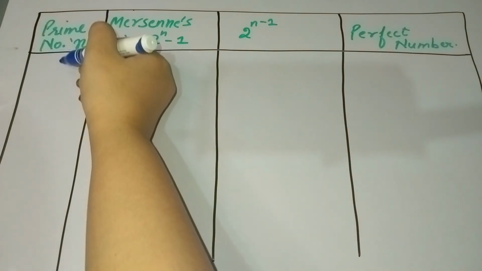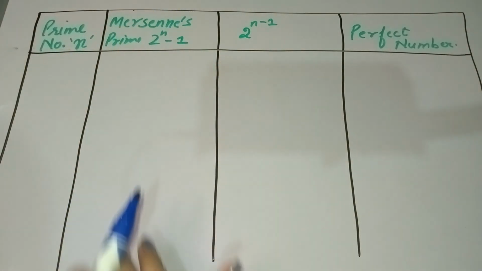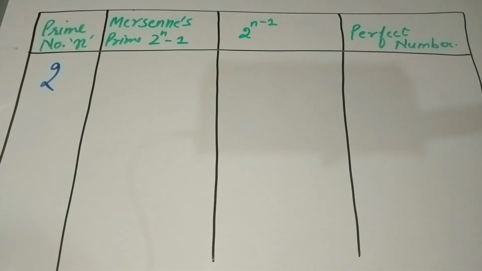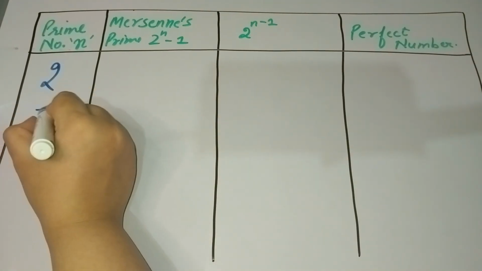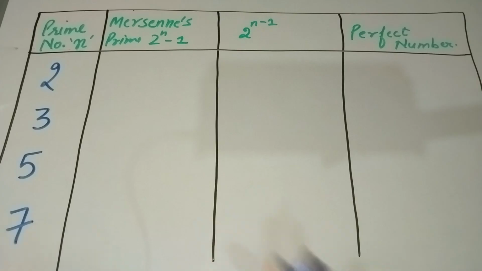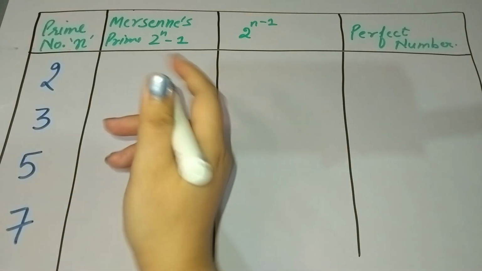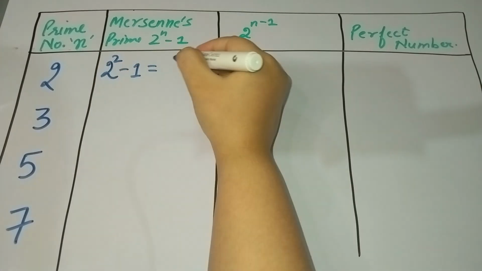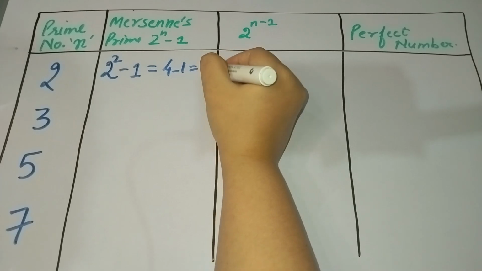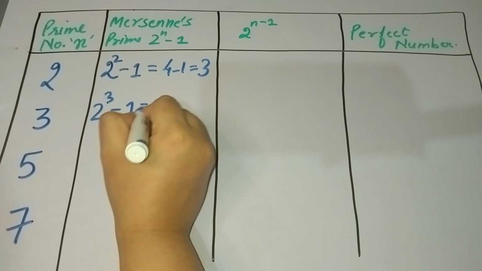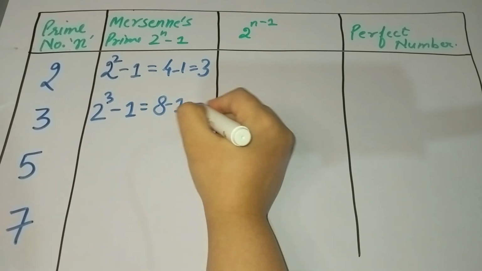Let me write all the prime numbers and then Mersenne prime numbers, and then we'll try to figure out the relationship. The prime numbers are 2, then 3, then 5 and then 7. We'll only take 4 examples. Now the Mersenne prime numbers: 2 to the power 2 minus 1, which means 4 minus 1, is equal to 3. Then 2 to the power 3 minus 1 means 8 minus 1, that is 7.